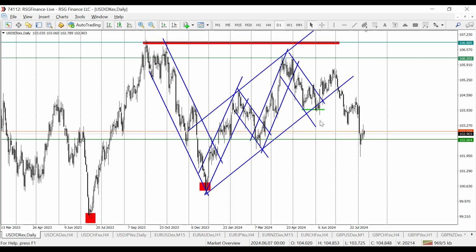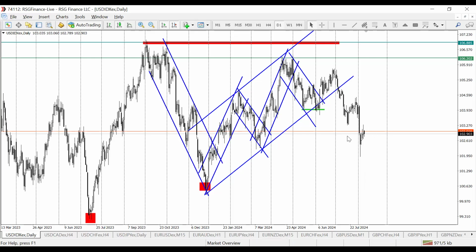So we saw the dollar crashing, and it's really got to the point we anticipated. That's the 102.66 level. Now with the CPI data, I expect the USD to consolidate a bit until Wednesday, when we see that core piece of information coming out.